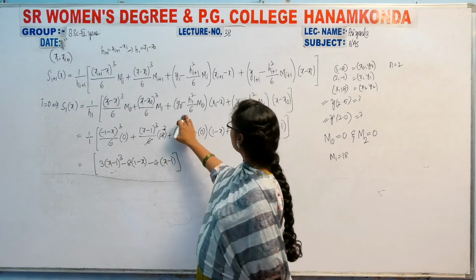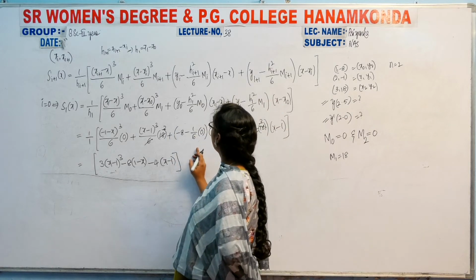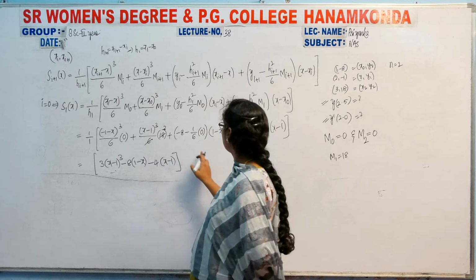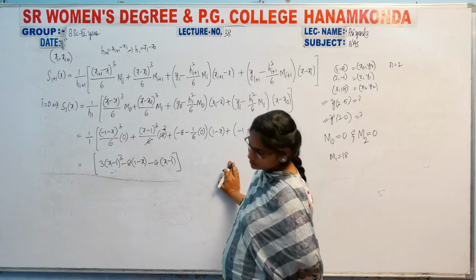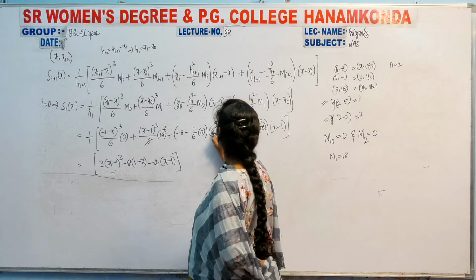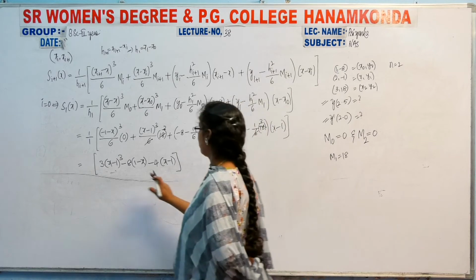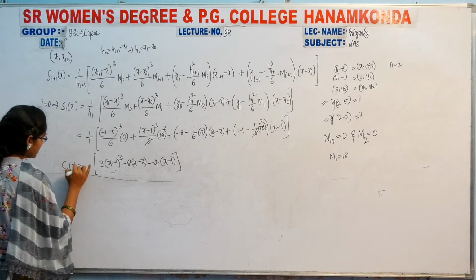I corrected it here: y naught minus 8, 1 by 6 and 0. So minus 8 of (1 minus x). x1, sorry, x1 is 2. Okay. So no need to simplify it, it is enough to find S1 of x.